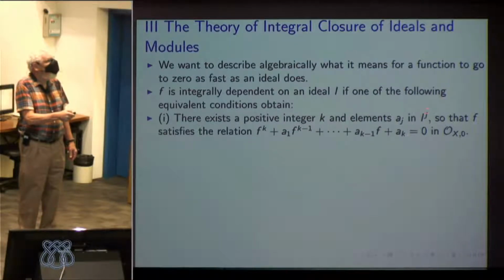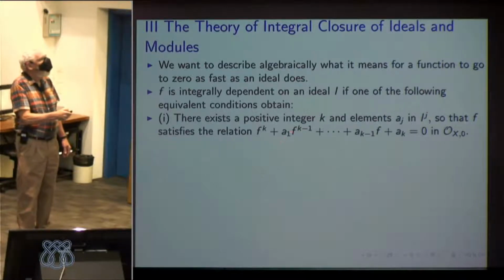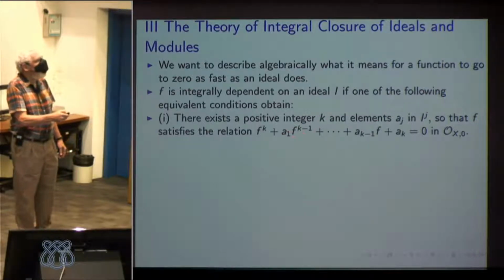We're going to have a polynomial, and here I've evaluated the polynomial at f already, so this is f to the k. And then we have coefficients, where the coefficients are in powers of I. For example, a1 is contained in I, so a1 times f^(k-1) is also contained in I^k. Well, it's not contained in I^k, but the things sum to k anyway.